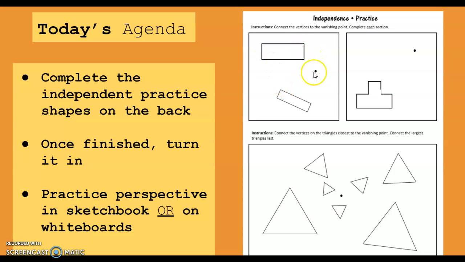These three vertices will reach, this one will not. Now this one got some people a little bit confused. This vertex, I'm going to that vanishing point, it's going to run right through the shape, so I'm not going to connect that one with the line. This one, again, it's going to go through the shape. So you're only connecting those two.